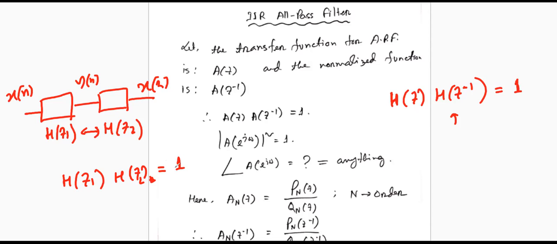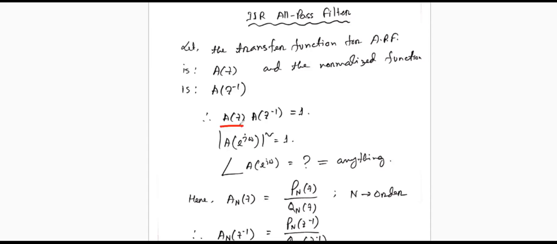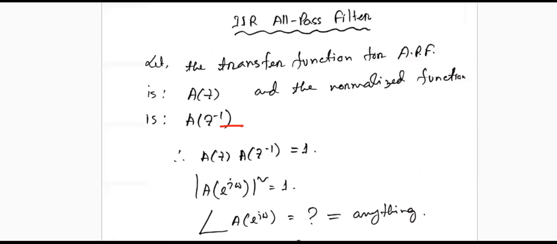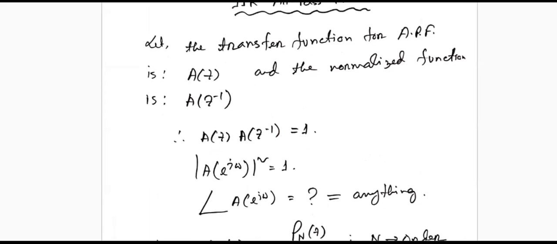Based on that situation, if this is the all-pass filter, and this is the inverse function, then this is, of course, equal to 1. In the later part of the lecture, we can also draw this. Okay, no problem, and we can prove it, how that actually works.